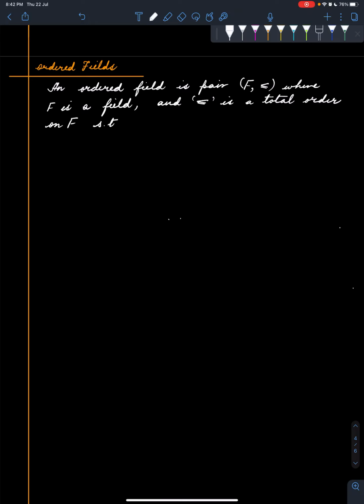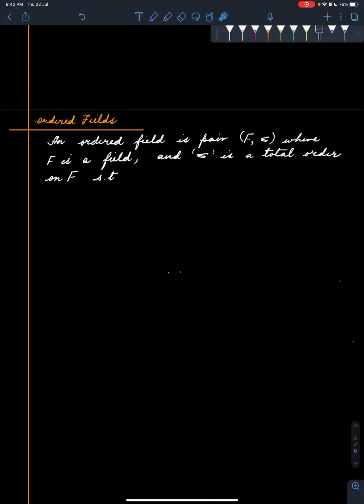But before that I need to say something. So when I say F is a field, well, I am being somewhat economical, because there is no such thing as F is a field. I should really say that F, plus, dot is a field, but nobody does this. This is for brevity, and this is encouraged because otherwise things become cumbersome.